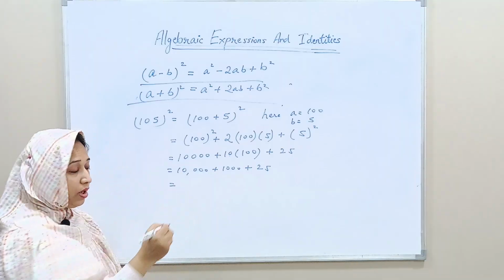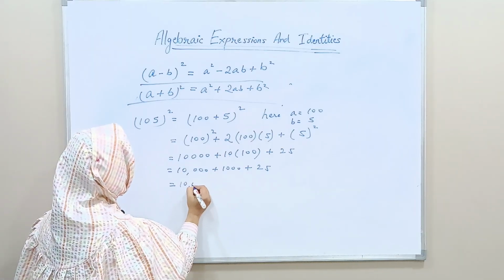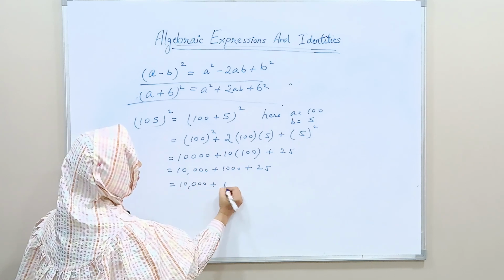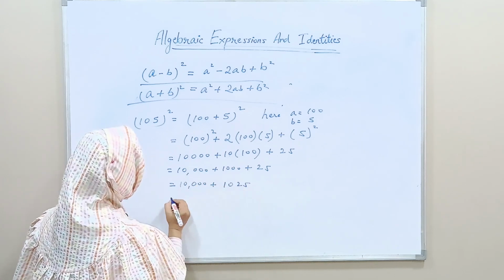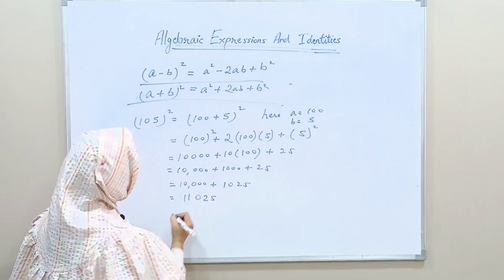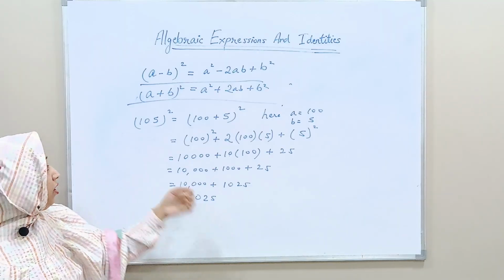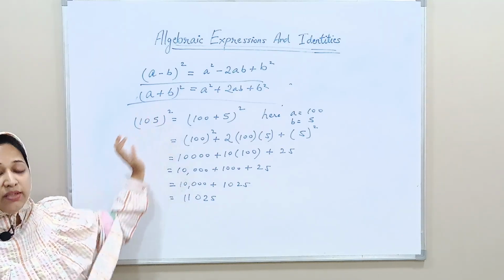Now we can add them up. 10,000 plus 1025 becomes 11025. So 11025 is your final answer for 105 whole square.